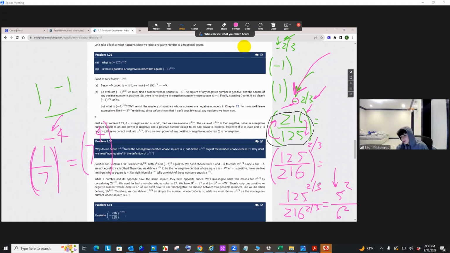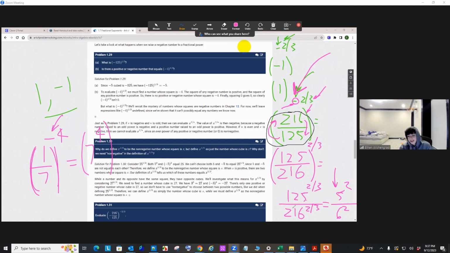Here you would just do the cube root of both of them and just add the exponent. No, I wouldn't do both of them. I would do one at a time. The cube root of 125 is 5. Then you square it. You get that. Cube root of 216 is 6. So then you square it and you get that.